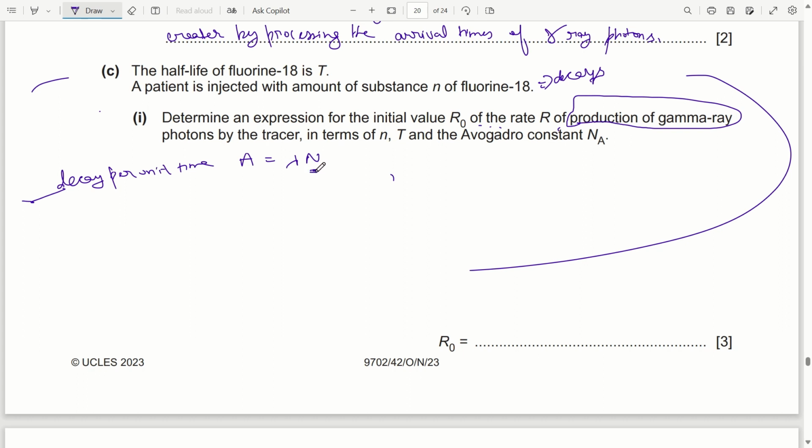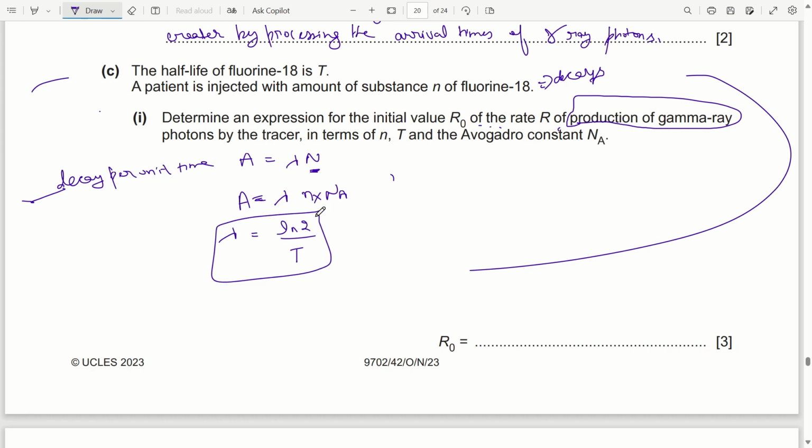So A is equal to lambda times the amount of substance multiplied by the Avogadro number Na, and we know that lambda is equal to log natural 2 by T, where T is the half life period.